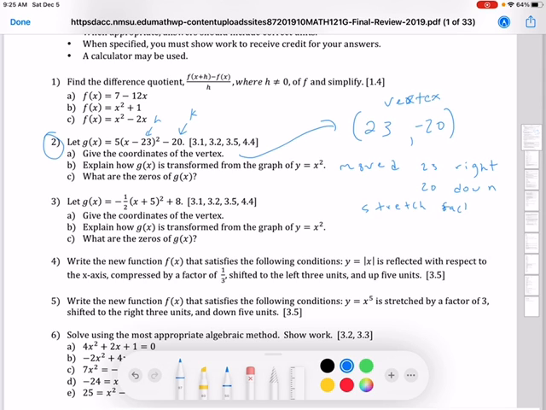Stretch factor of 5. That's this number here. Okay, and that's what it does. If it's negative, it flips the graph, right? So number 3, you guys can try, so you guys can practice. But that's number 2.